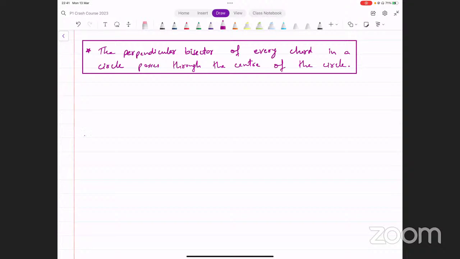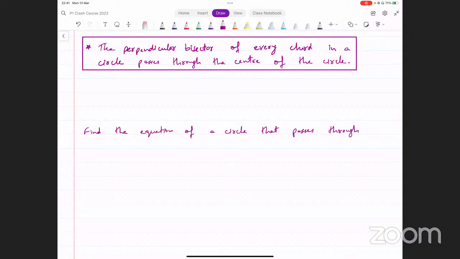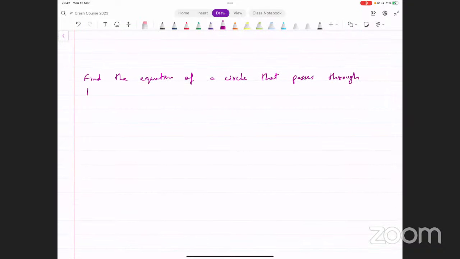Let's say we need to find the equation of a circle that passes through the points A, B, and C, such that the coordinates are like this, for instance.